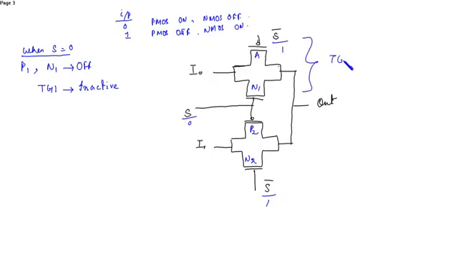This is the transmission gate 1. This is the transmission gate 2. In transmission gate 2, you can see here at P2, 0 is applied, at NMOS, 1 is applied. So P2 and N2 will turn on. That is, transmission gate 2 is active.